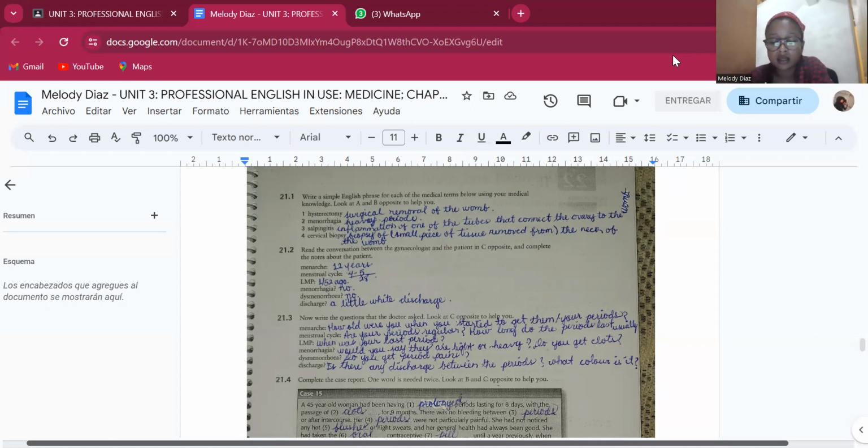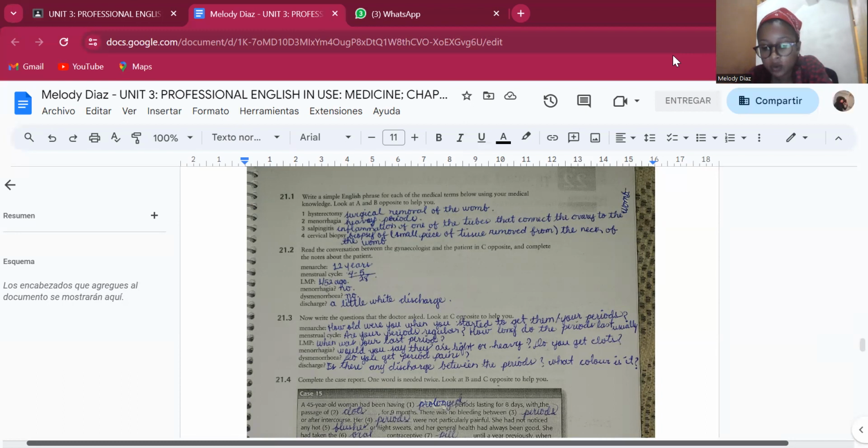Case 15. A 45-year-old woman has been having prolonged periods lasting for 8 days, with the passage of clots for 9 months. There was no bleeding between periods or after intercourse.